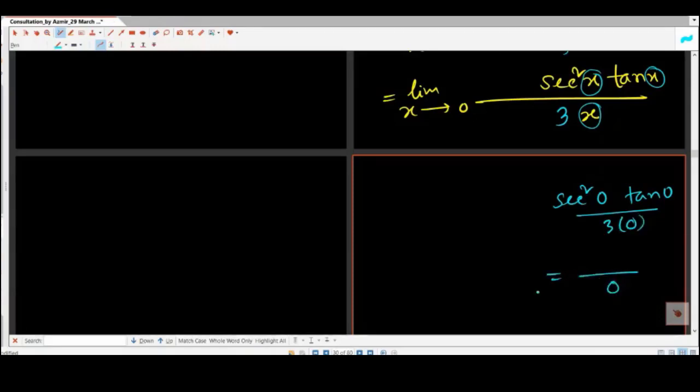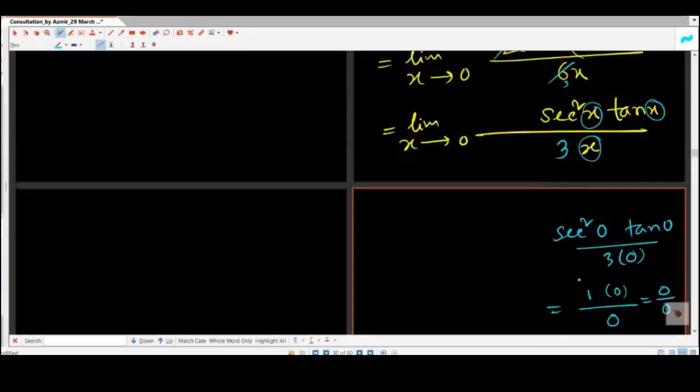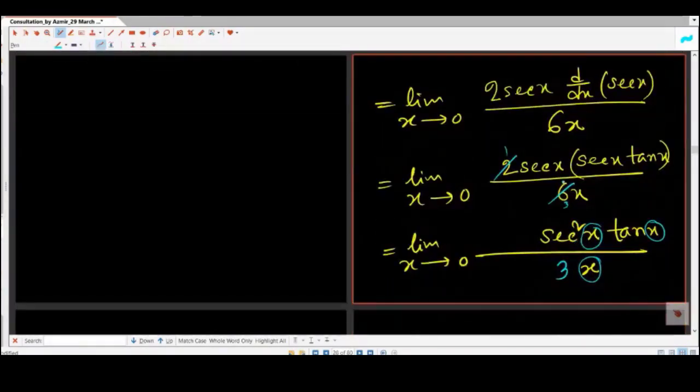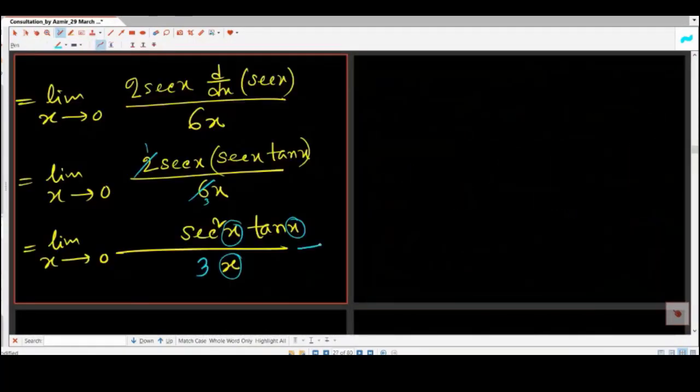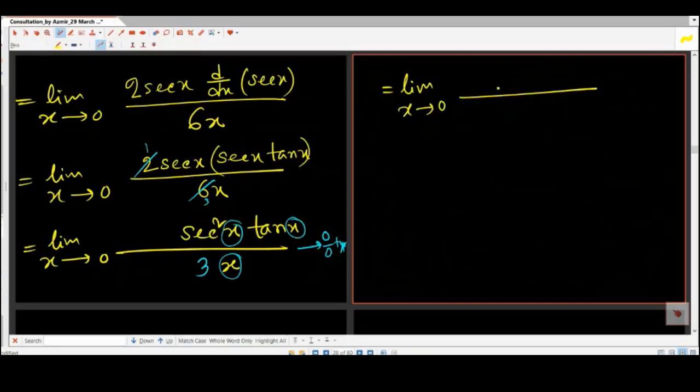Secant squared 0 is 1, tan 0 is 0. So it is 0 over 0 type. So again we have to apply L'Hopital's rule and differentiate again. So limit x tends to 0, differentiation of secant squared x tan x, and differentiation of x.